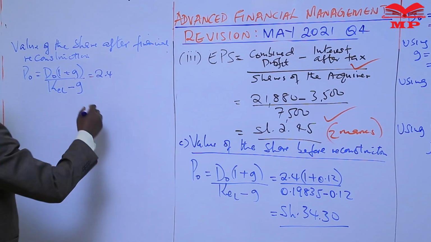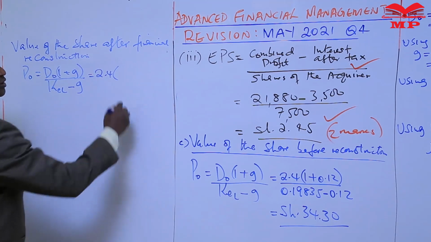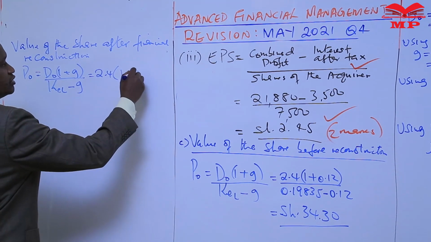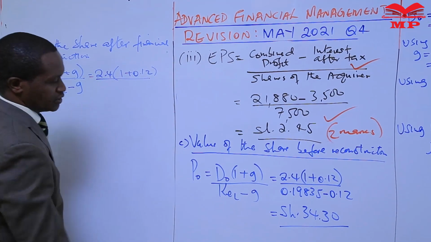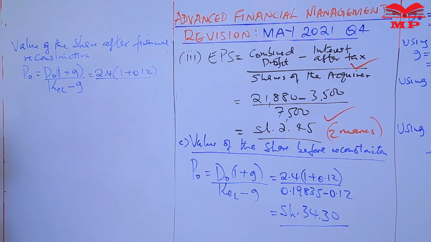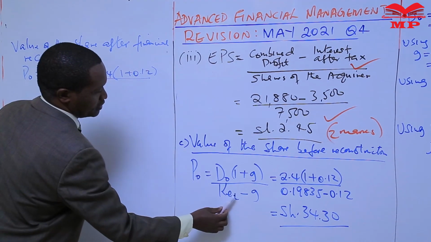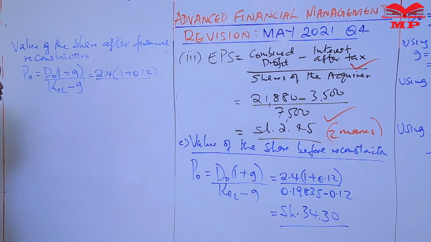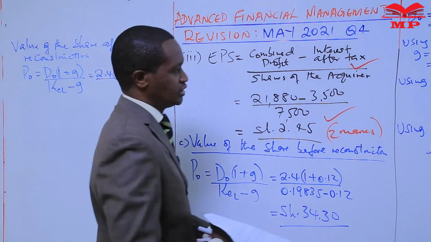The growth rate will remain, 1 plus 0.12. The cost of equity of the levered firm will change. That's the only thing that will change.